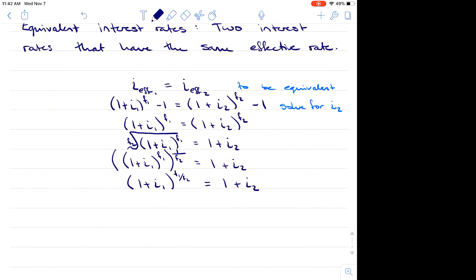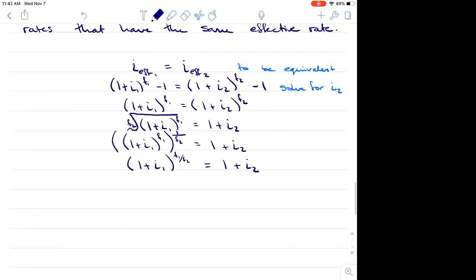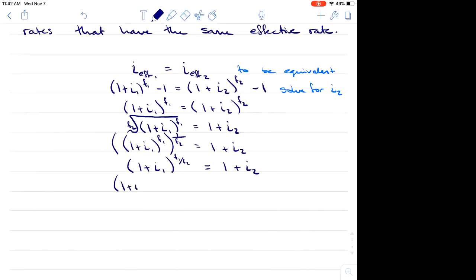Now that I've simplified that left-hand side as far as I can go, I can subtract 1 and just have I2. So 1 plus I1 to the power of F1 over F2.